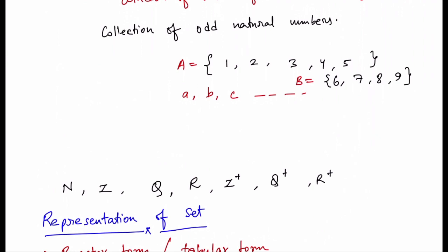Now, element 1 only belongs to set A, and 1 does not belong to set B. Similarly, the element 6 belongs to set B, not A.